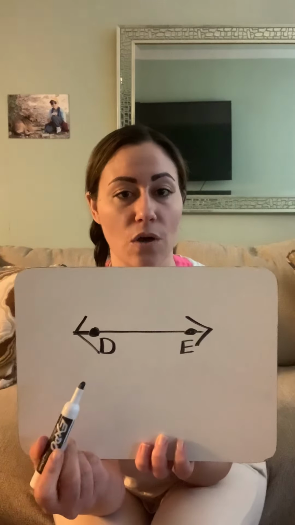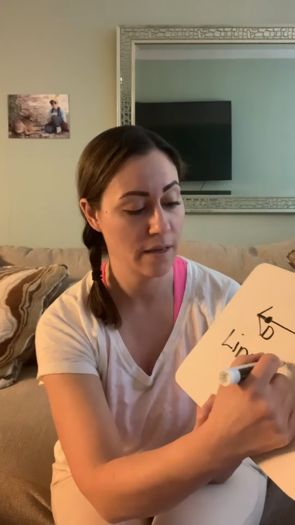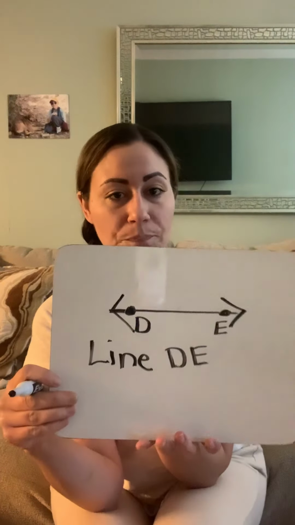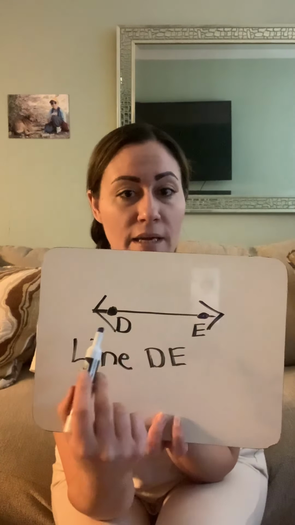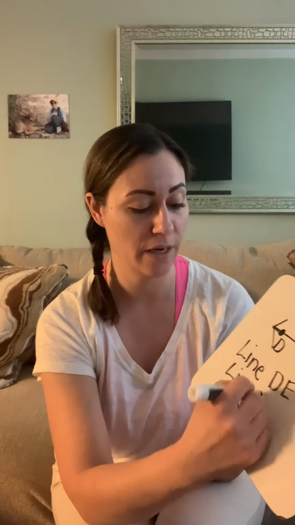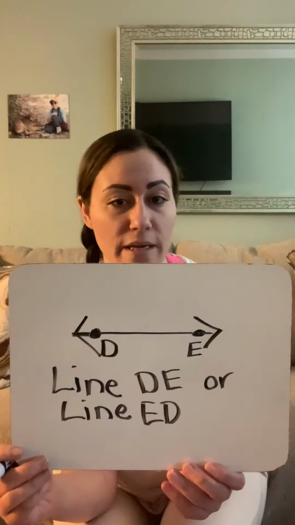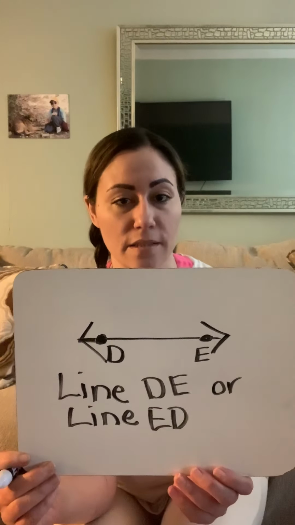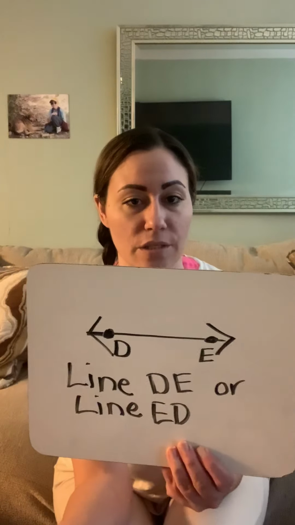So DE can be line DE, right? Or it could be line ED. It doesn't matter which direction I write it. So it can either be line DE or line ED. With lines, it doesn't matter because they're infinite in both directions.